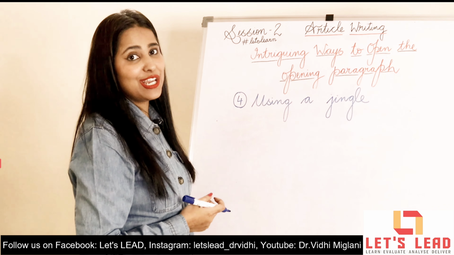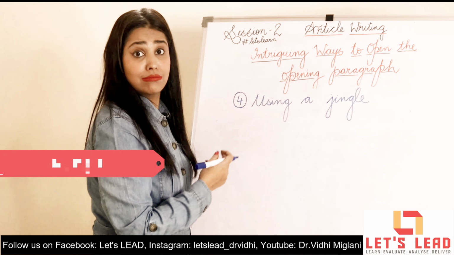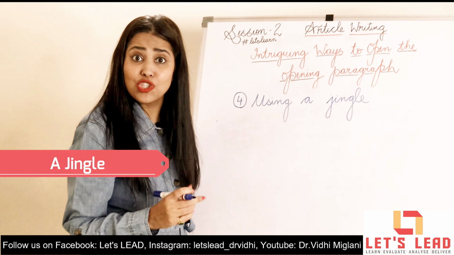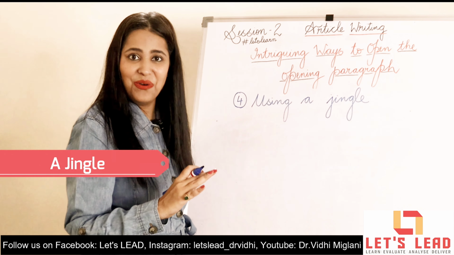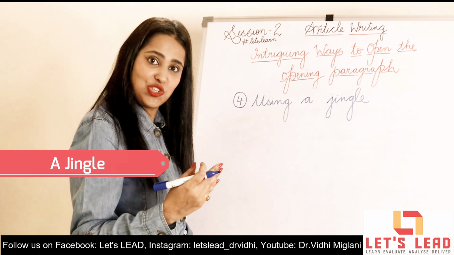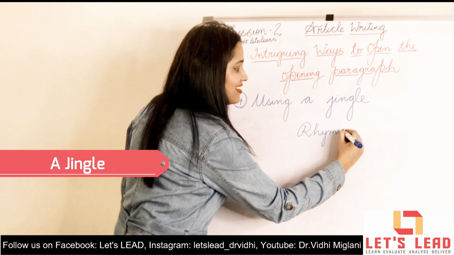Another intriguing way to start your article could be using a jingle. And this is my personal favorite, yes. Don't confuse it with jingle bell, jingle bell. No, instead you have to write and frame a jingle by using the rhyming words.